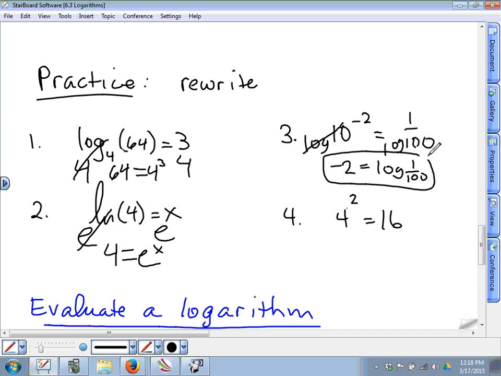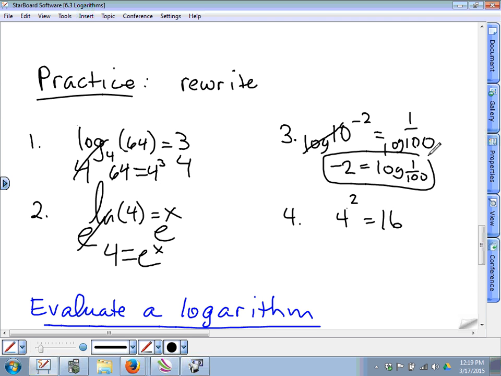Okay, we have one more. Log base 4 on both sides? Well, wait a minute. We got to come to a consensus here. Yeah, I'm pretty sure it's a log base 4. You guys just going with the crowd? Wait, no, that wouldn't work because then it'd be 4 square roots of 16. But that doesn't equal 2.